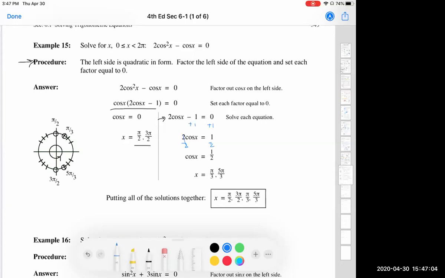When is cosine of x 1/2? We see that it's 1/2 at pi over 3 and 5 pi over 3. So our answer is all of these put together. We want to write them as one answer. So we put all of our solutions together and we get that x is equal to pi over 2, 3 pi over 2, pi over 3, and 5 pi over 3.